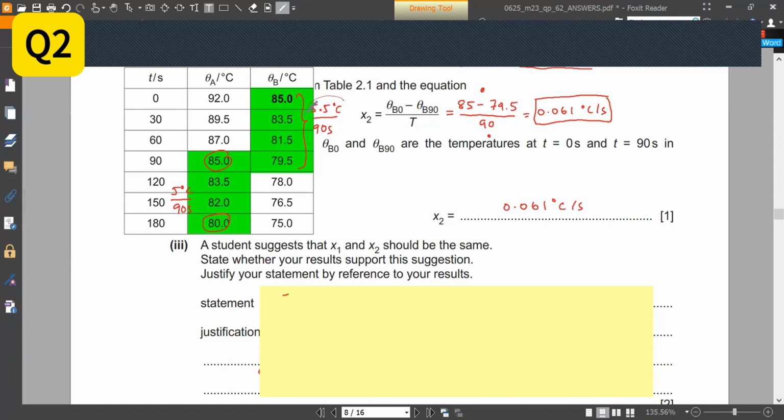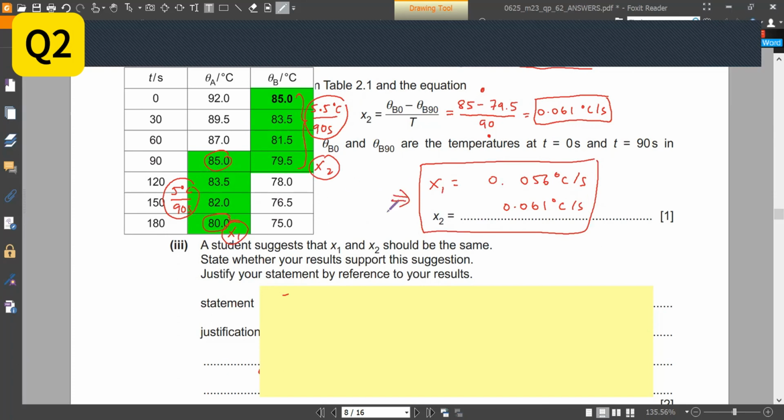So we expect them to be almost similar, and in fact we have a very similar answer. Just now this was X1, so this is X2. X1 is 0.056 degrees Celsius per second. We are calculating essentially the same thing, so we expect them to be very similar.